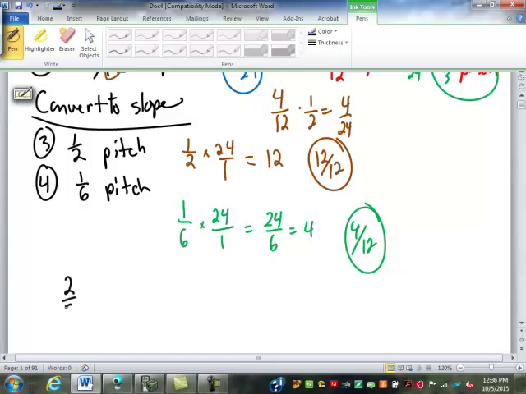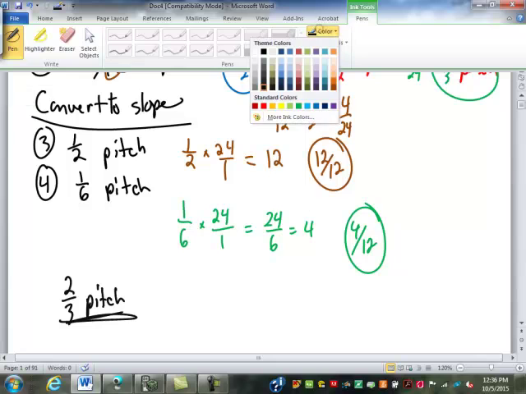So convert 2/3 pitch into a slope for me quick.